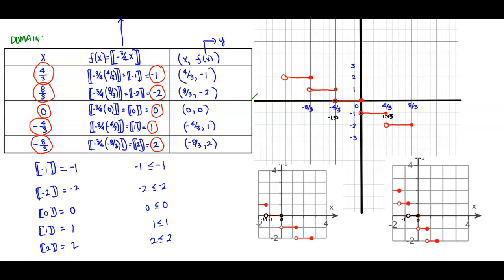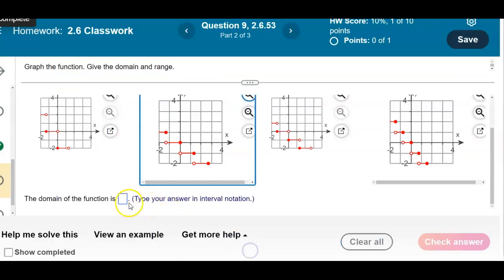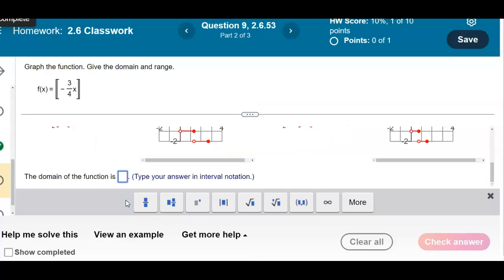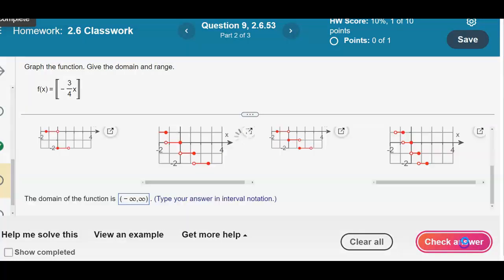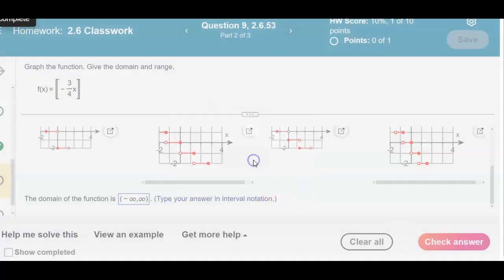Well, if you notice, we can pick any values that go from positive infinity to negative infinity. So that's going to represent the domain of this function. So let's go ahead and put that in there. So we have parentheses negative infinity, comma infinity with a parenthesis, and then check our answer, and there's our result.